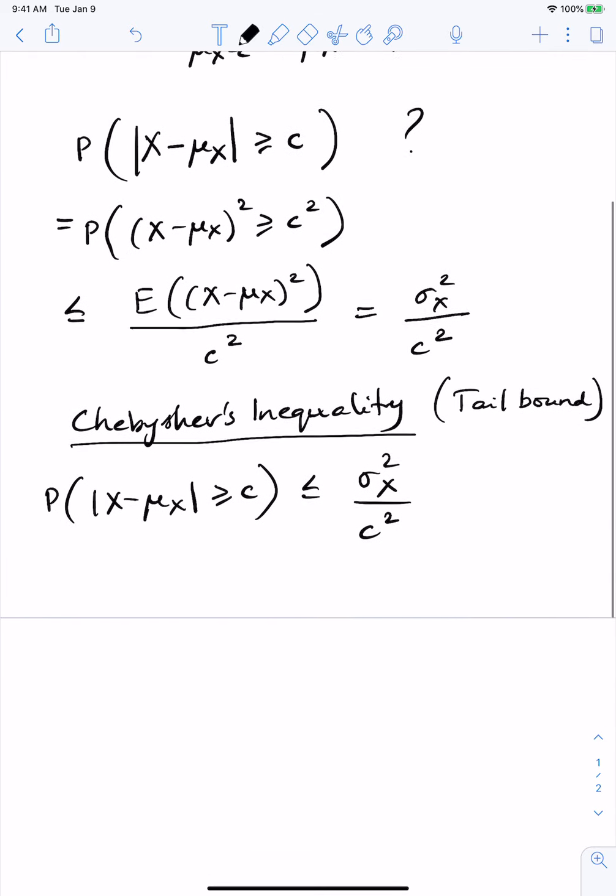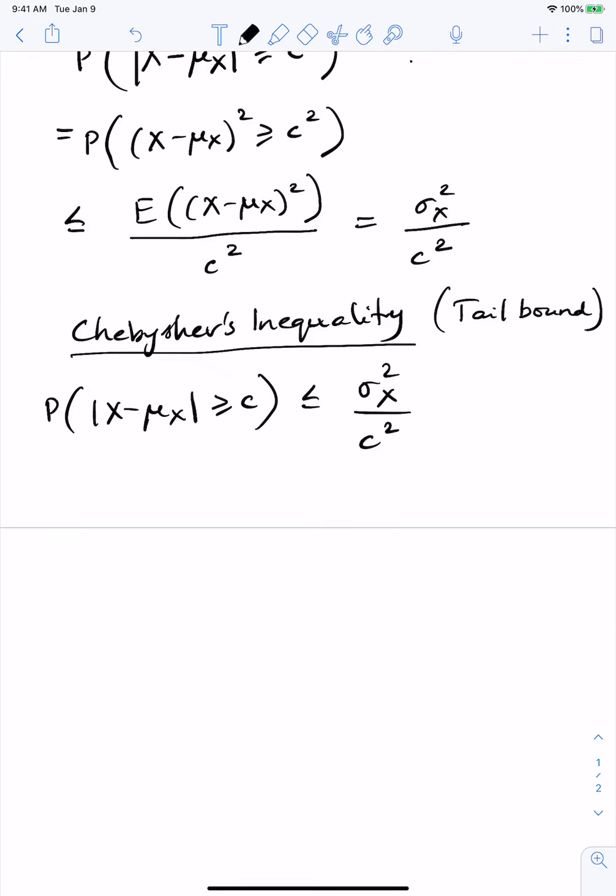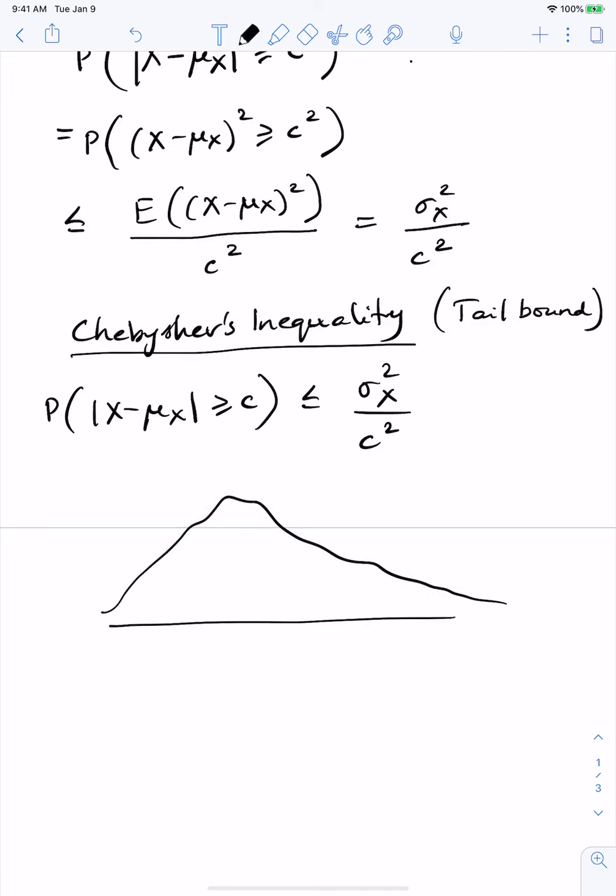We're often going to think of the mean as a sort of origin, and then walk in standard deviations on either side.